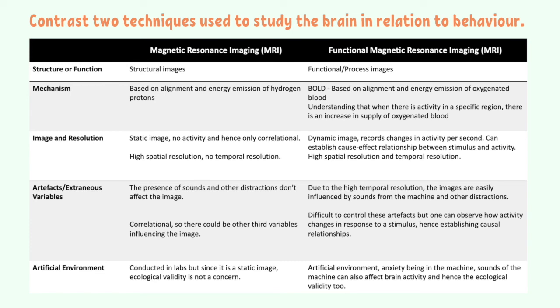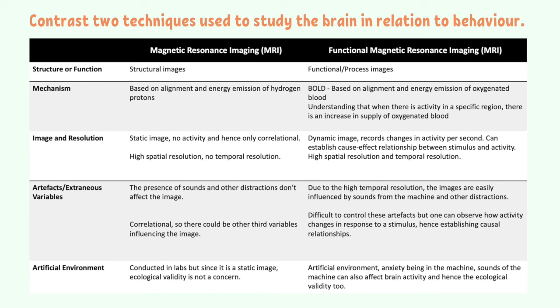So moving on, the next point is with regards to the influence of artifacts and extraneous variables. So the MRI is not affected by the presence of sound, participant excitement, and other artifacts in the environment. Okay, the only factor that would affect an MRI is if the participant was moving during the scan.